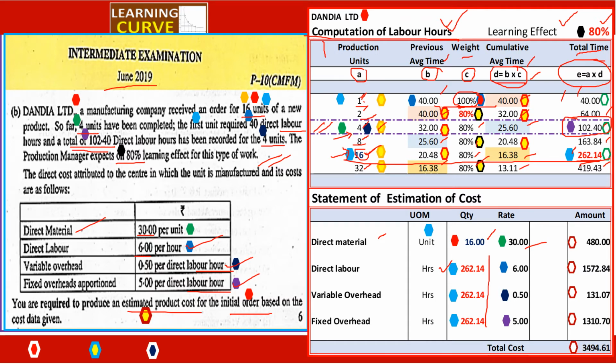The problem says you are required to produce an estimated product cost for the initial order based on the cost data given. We have found out the cost. The cost is rupees 3494.61 for the total number of 16 units, which is the quantity of order received.